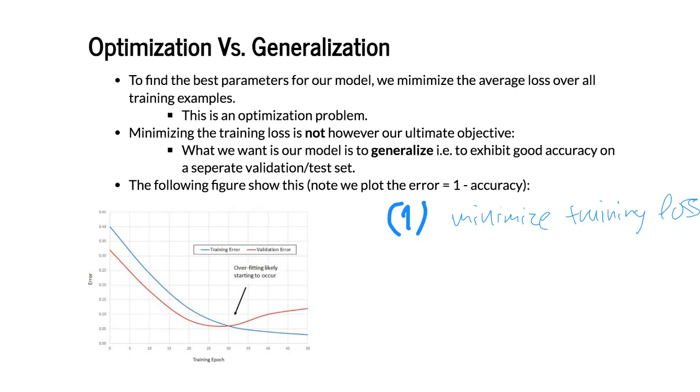So minimizing the training loss means that the training accuracy will also increase, or equivalently, the training error will decrease. The accuracy is 1 minus the error.